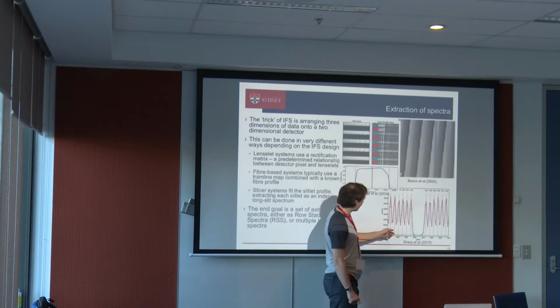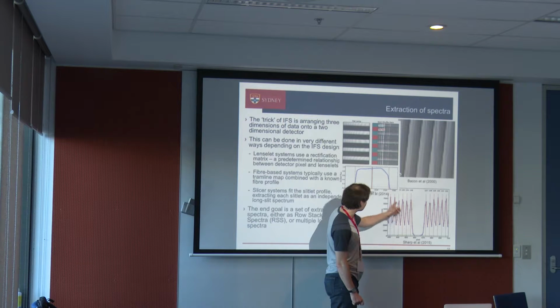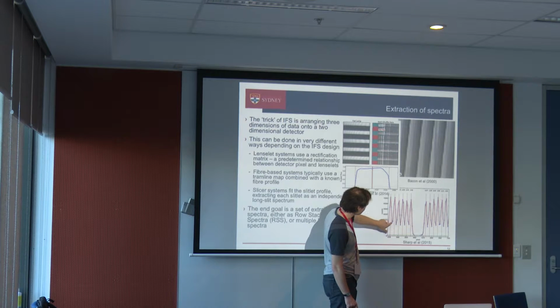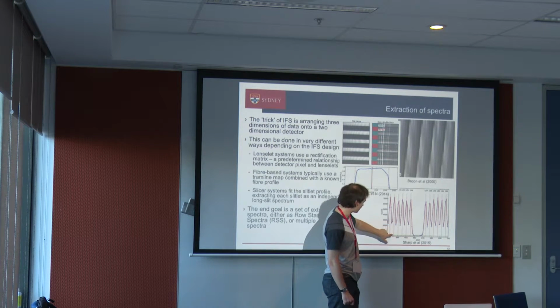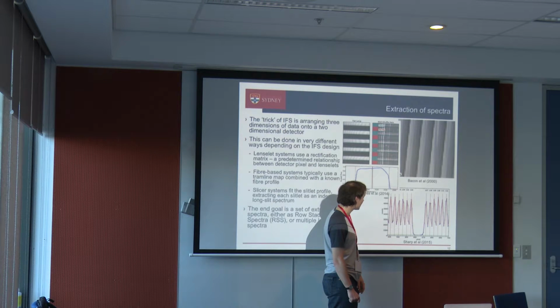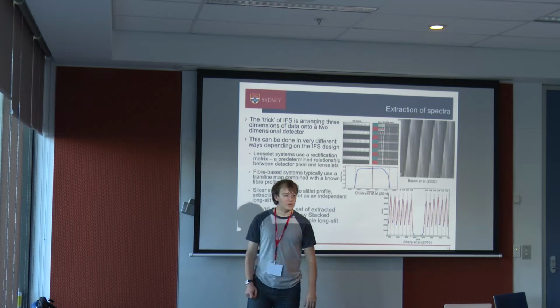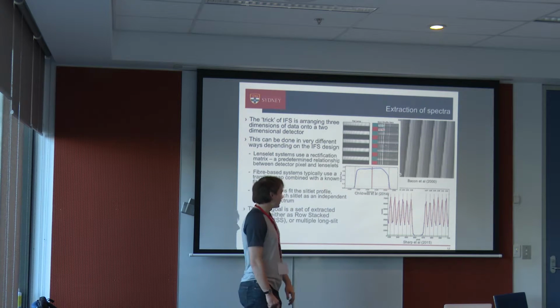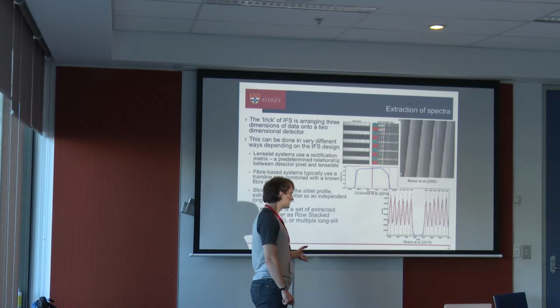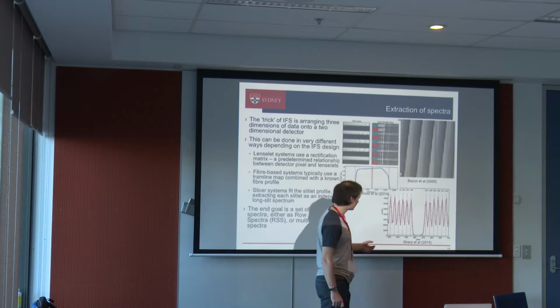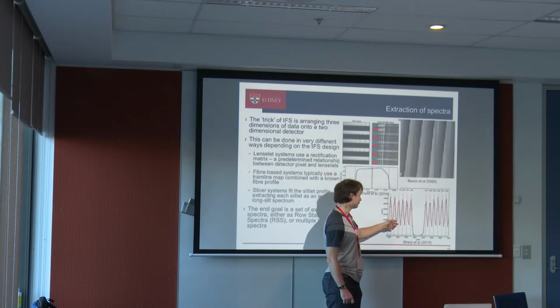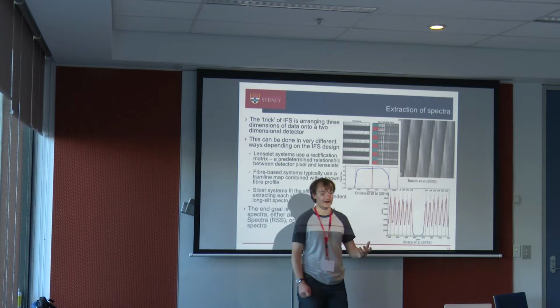What you do is you fit a profile to each one of these, you figure out how much light from this column effectively on the CCD to assign to this fiber, how much to assign to this fiber. It's pretty stable, but you tend to do it throughout the night. It does have the disadvantage that you don't know whether any given photon in this region really belongs to this one or this one. It's probabilistic.